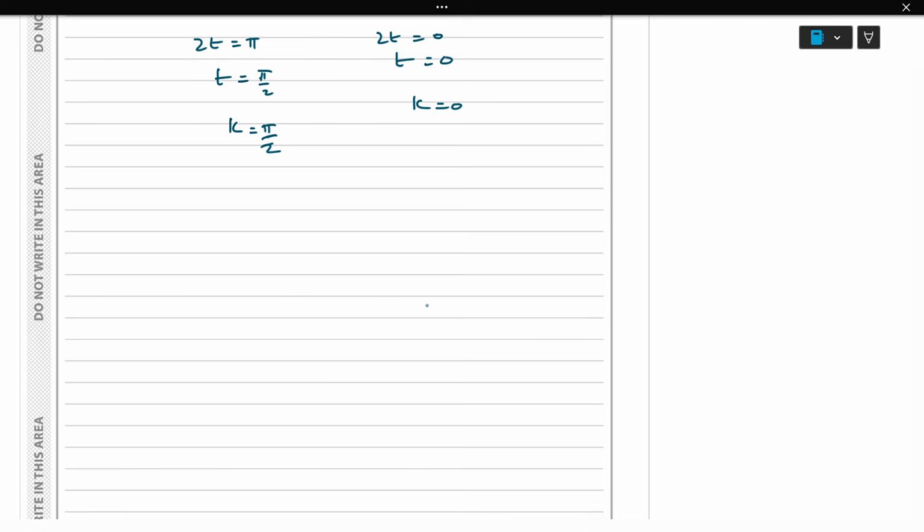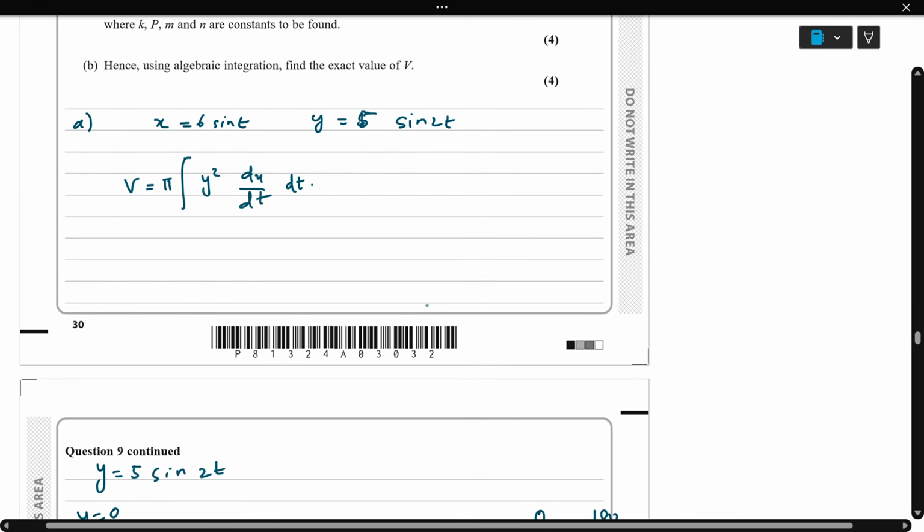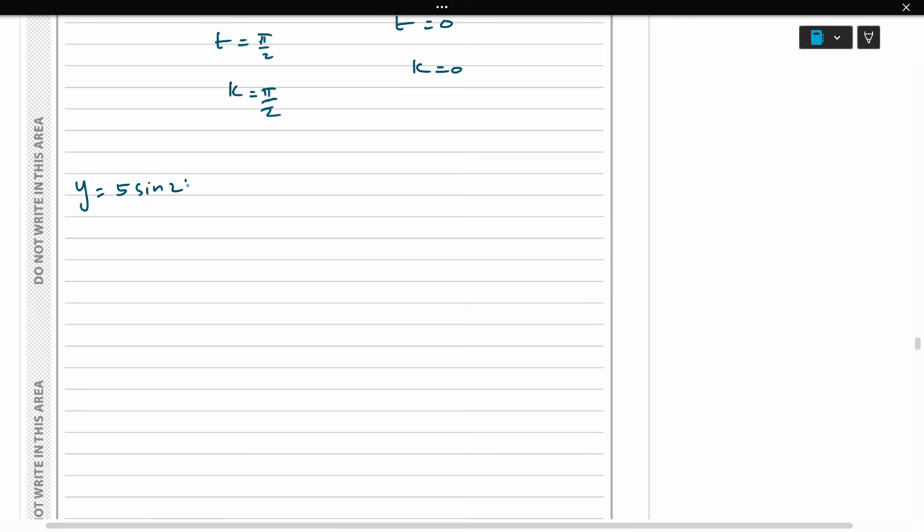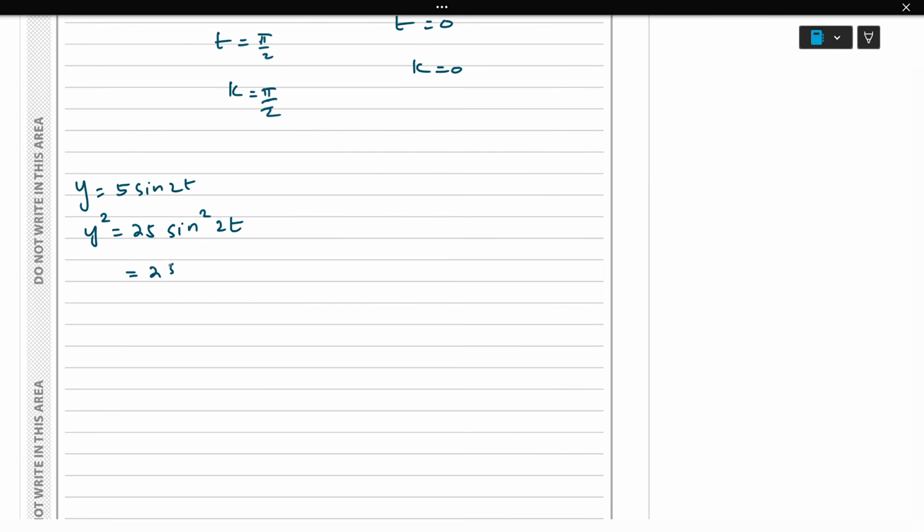Next, for this equation we need y squared. So y equals 5 sin 2t, so y squared equals 25 sin squared 2t. The formula for sin 2t is 2 sin t cos t.